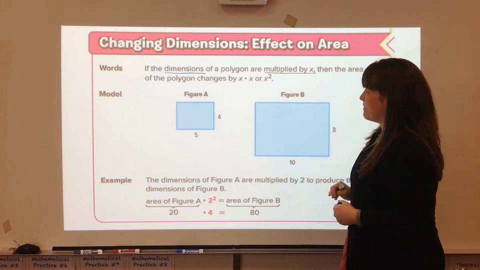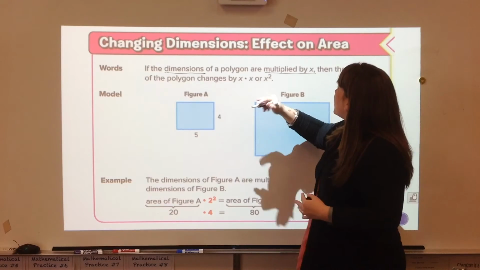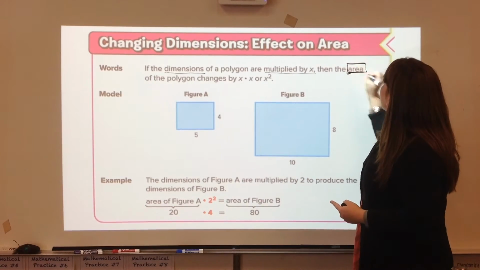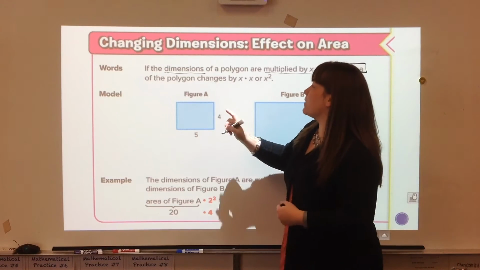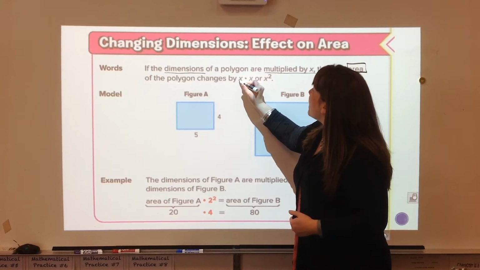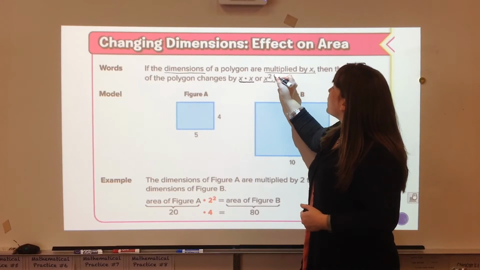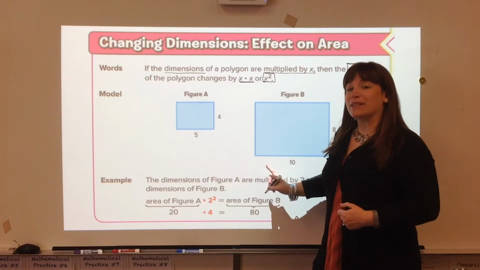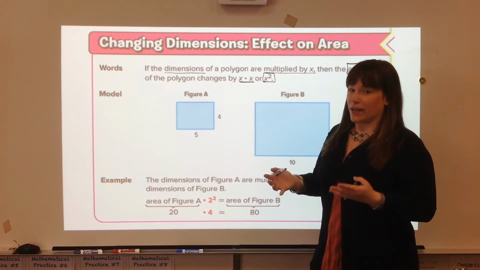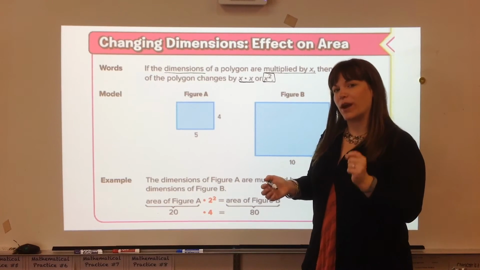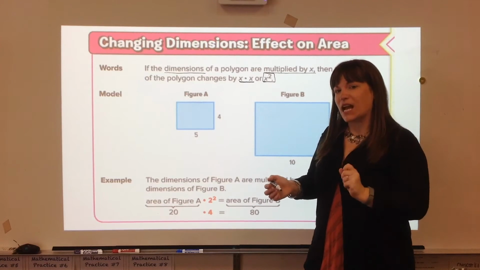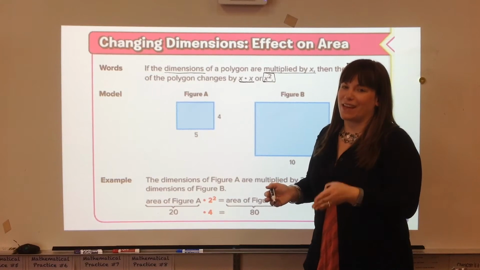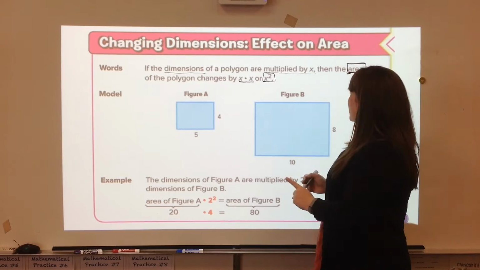We can find out what that pattern is in a second, but whatever that number is, the area of that same polygon changes by a factor of that number we changed the dimensions by, squared. Because remember, area deals with square units that you can fit inside of a shape. So it's not just the same number anymore, it's that number squared, because we're dealing with area.